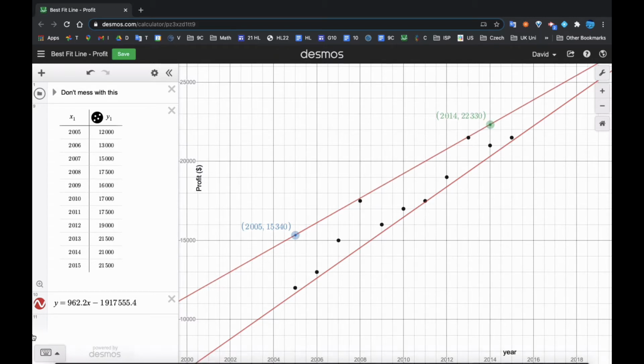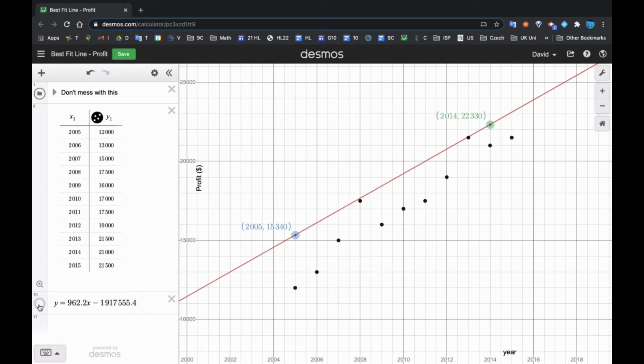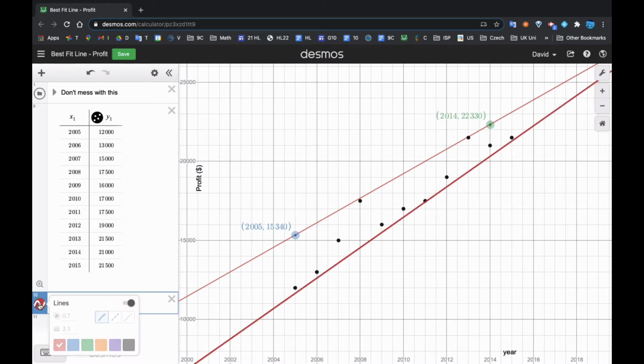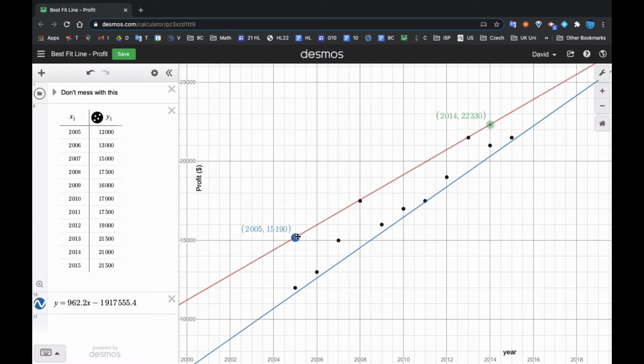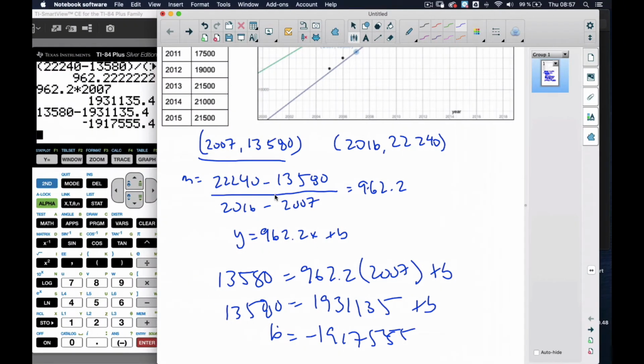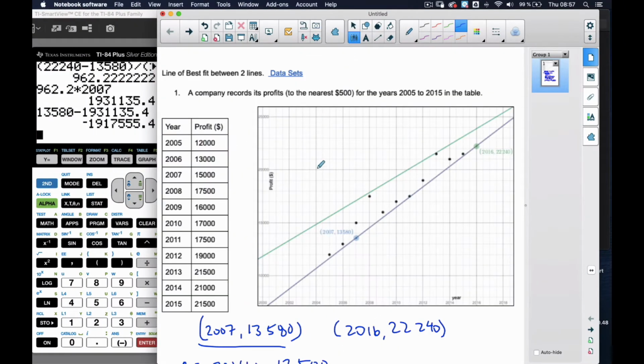I'm going to recolor this to blue so we can be consistent. Now it looks like it captures all the points quite nicely. So my two new points here, I'm going to change to green.